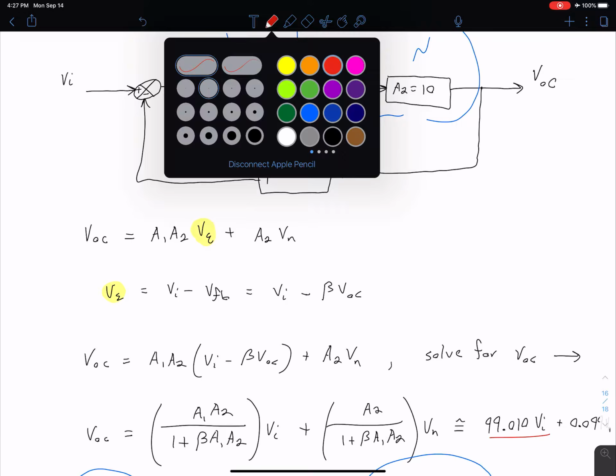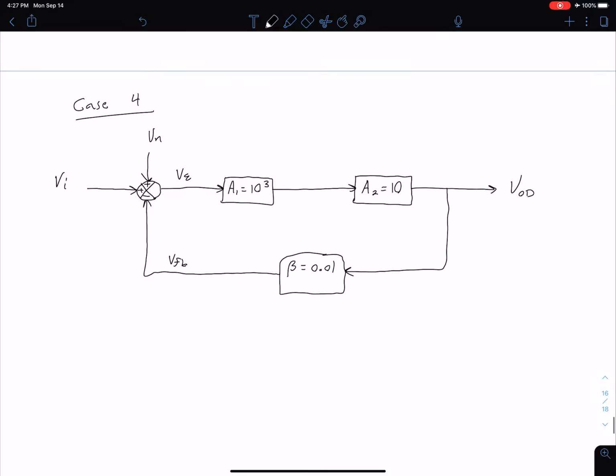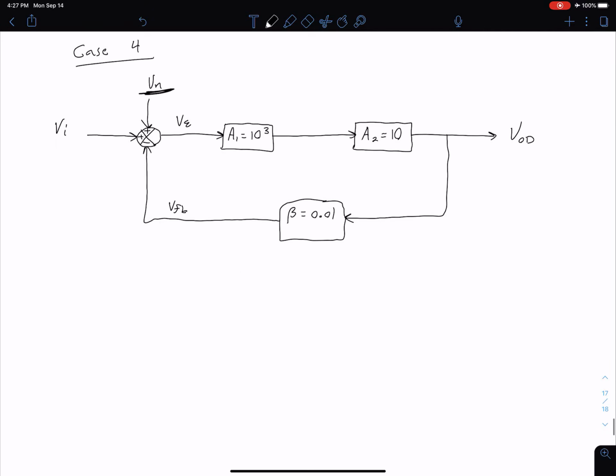So the last case we want to consider, case 4, is essentially the same as case 3, except now our noise is coming in over here directly with our input. And so what we can do in this case is just use our previous equation. We can combine our A1 and A2 into a single gain.